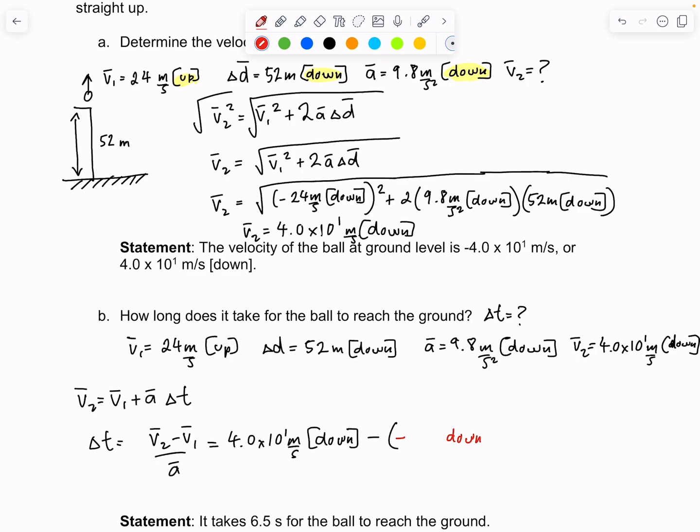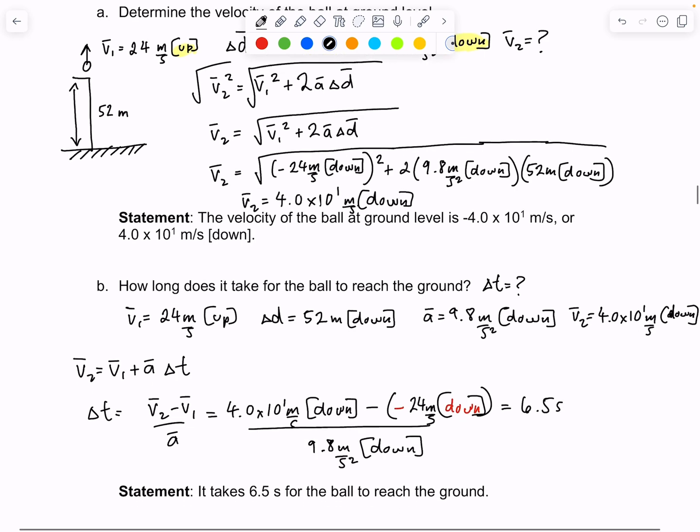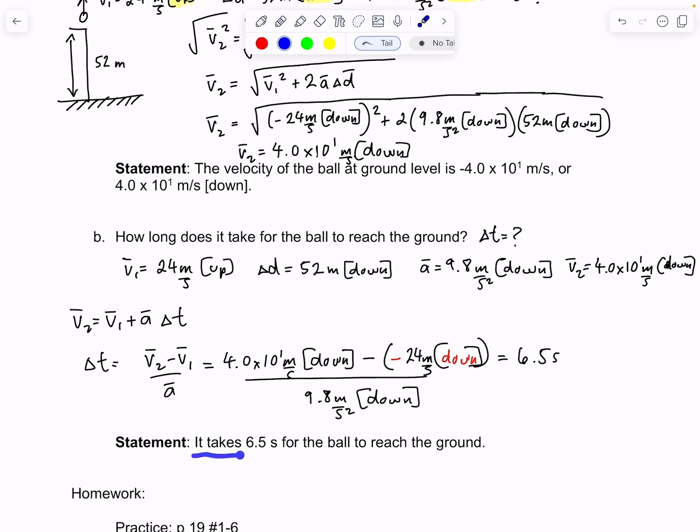So everything's in the down direction. Negative 24 meters per second down, divided by 9.8 meters per second squared down. Punch this into your calculator and find the time it takes to reach the bottom. If you punch this in correctly, you should get, to 2 significant digits, 6.5 seconds. Therefore, it takes 6.5 seconds for the ball to reach the ground.